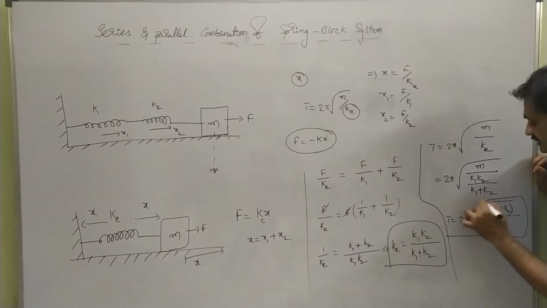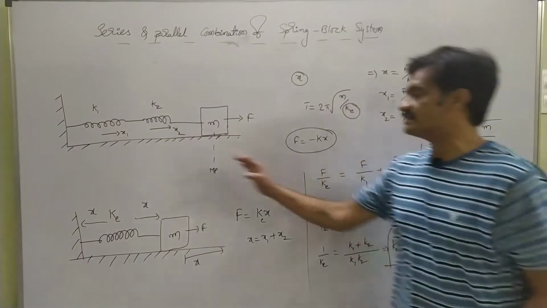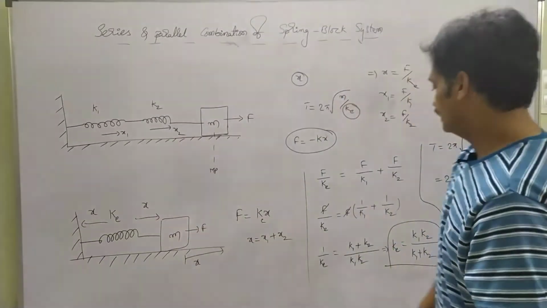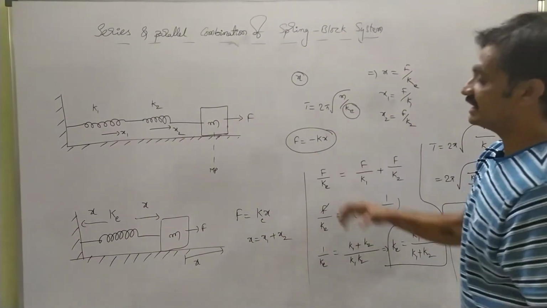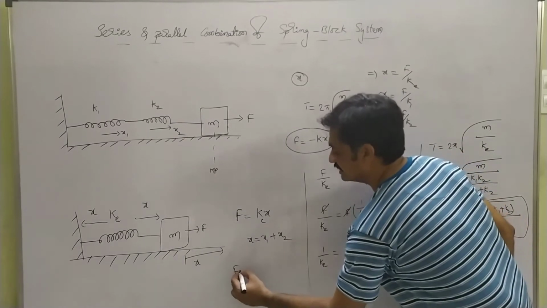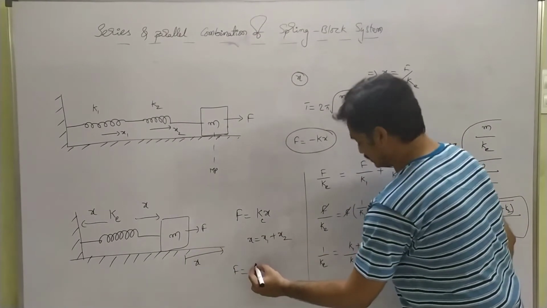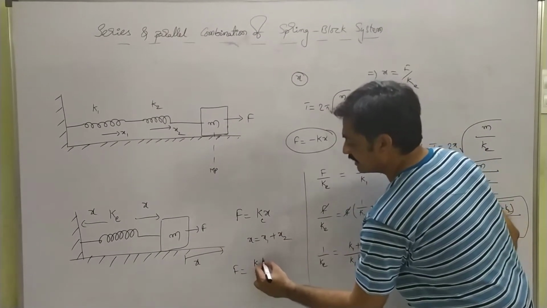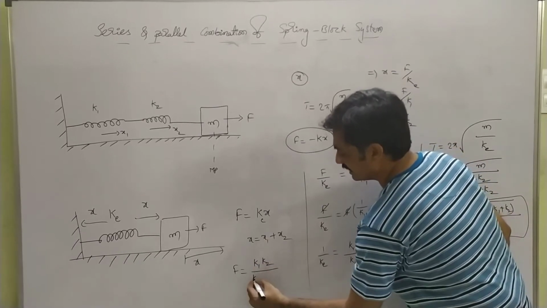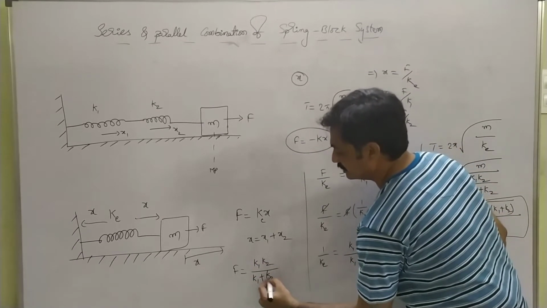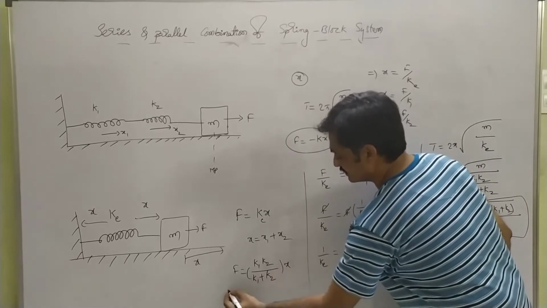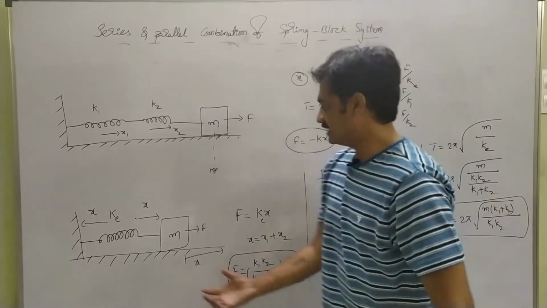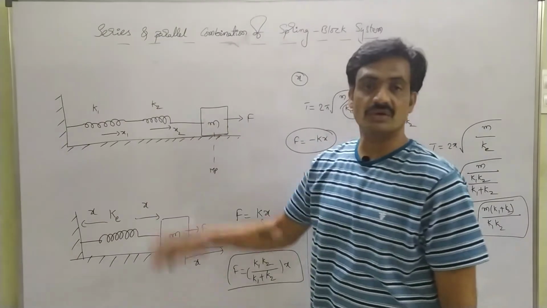So, this represents the time period for series combination of springs. Whereas the force can be represented as F equals k suffix e into x. So, here we can represent it as k1 into k2 by k1 plus k2 into x. This represents the force acting in the case of series combination of spring block system.